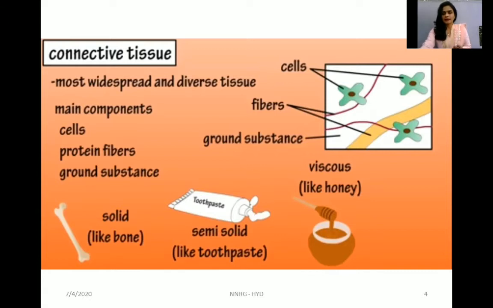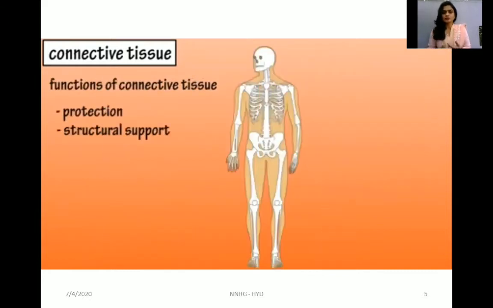Coming to the functions of connective tissue in general, basically they give protection, because bone is a connective tissue. The skull, in which the brain is enclosed, gives protection to the brain, and the complete skeletal structure is a connective tissue. Bone is a connective tissue.